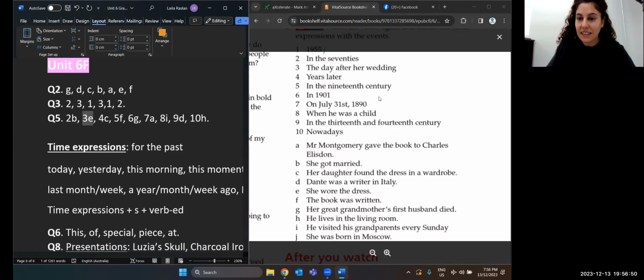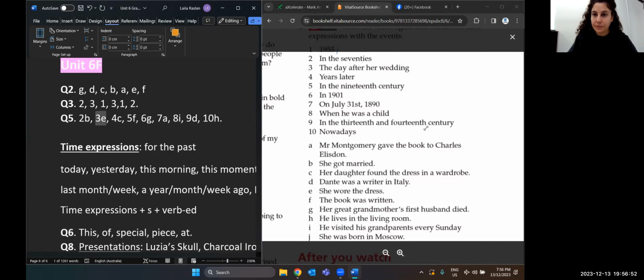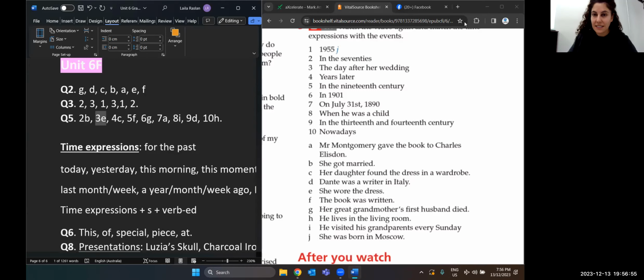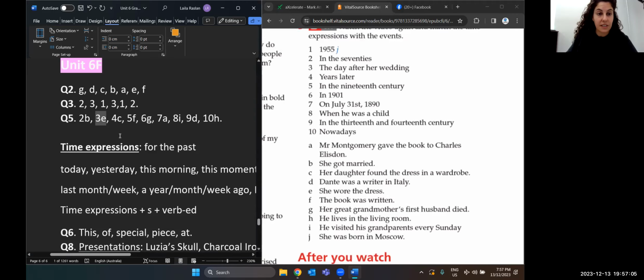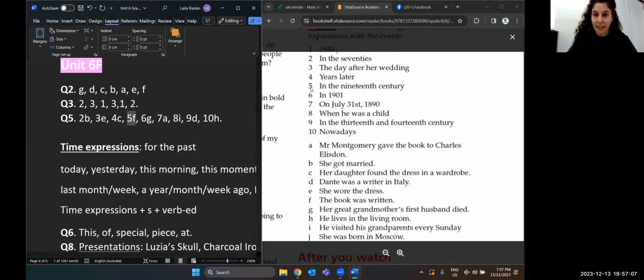In the 19th century, the book was written. 5F. In the 19th century, the book was written. Yep, it's the past of to write, but not in the past simple. It's to be written. It's a different verb.